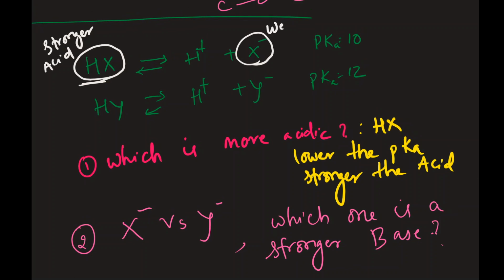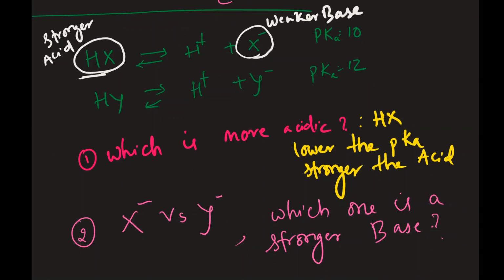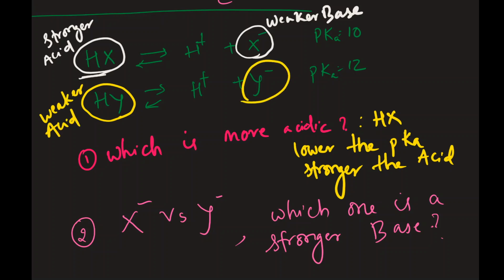If it's a stronger acid, the corresponding base would be weaker. This concept comes up over and over again, so make sure you get this portion. Stronger the acid, weaker the base. So obviously weaker the acid, the stronger the base.